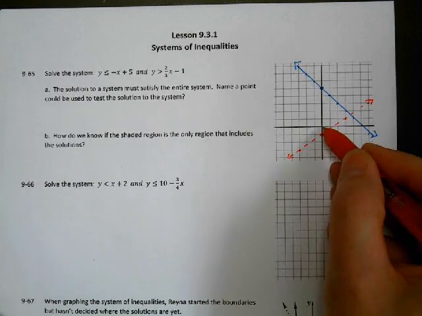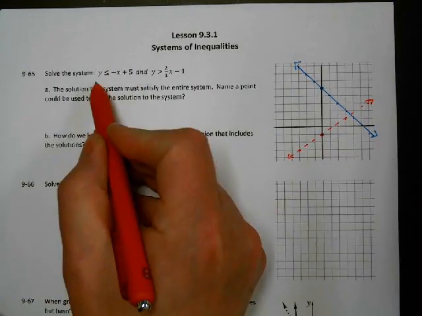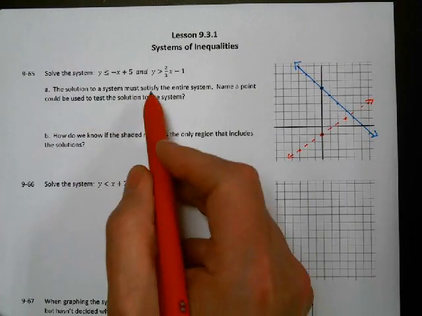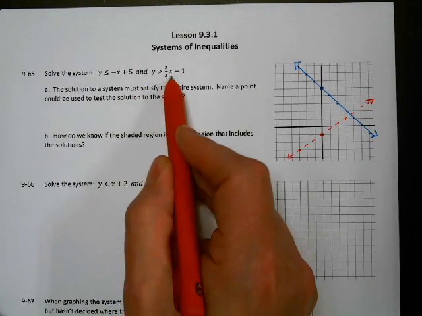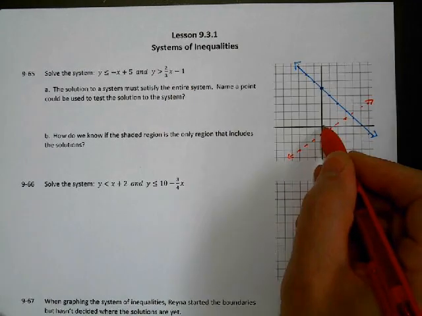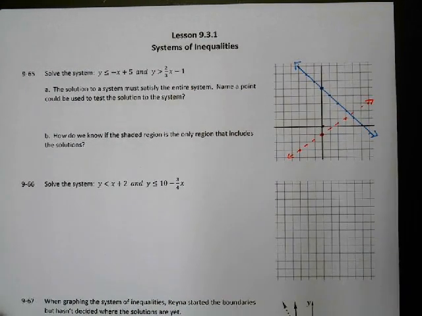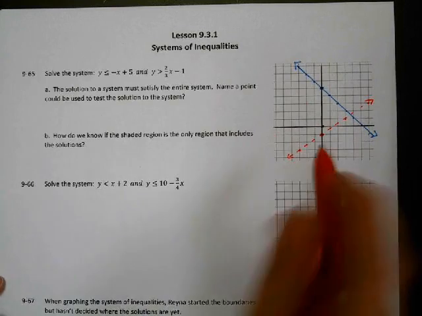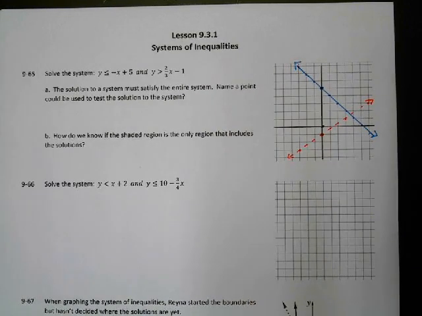Well, 0, 0 is probably a great one. So if I've got 0 is less than 5, yes, that works. Is 0 greater than -1? Yes, that works. So it looks like 0, 0 is a solution for both of them. So whatever region 0, 0 is in would be a region for all these. So that's one way that we can do it. We can just test them.